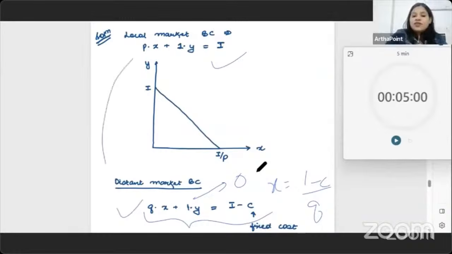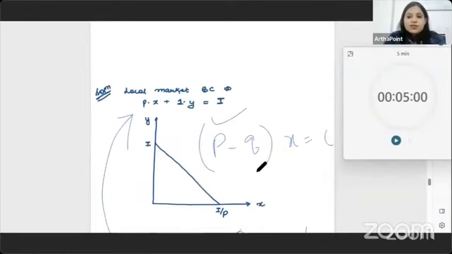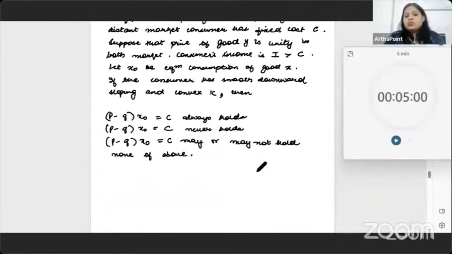And you find the difference between the two budget lines. The difference will come out to be (p minus q)x is equal to c. And when this difference comes, you will think, okay, this will always hold. This is the answer to this question, that it will always hold.